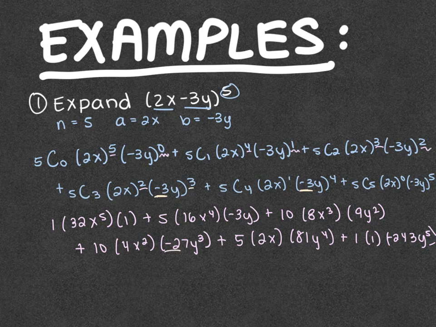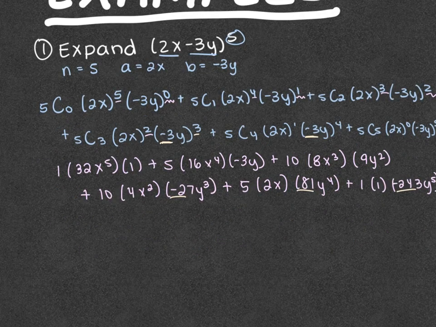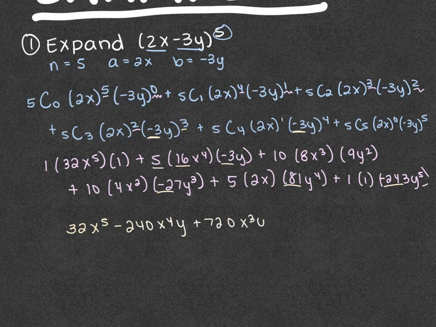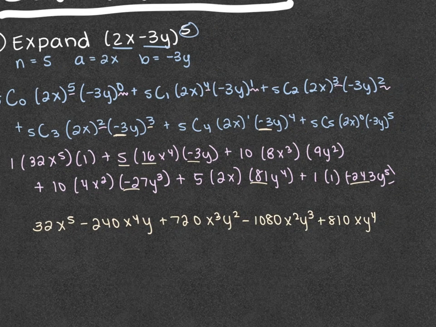So that's why this kind of kept alternating here. And then we're finally going to put all of this together and simplify it, and we end up with the following. We're going to do 5 times 16 times -3. All right, and that is our expansion.